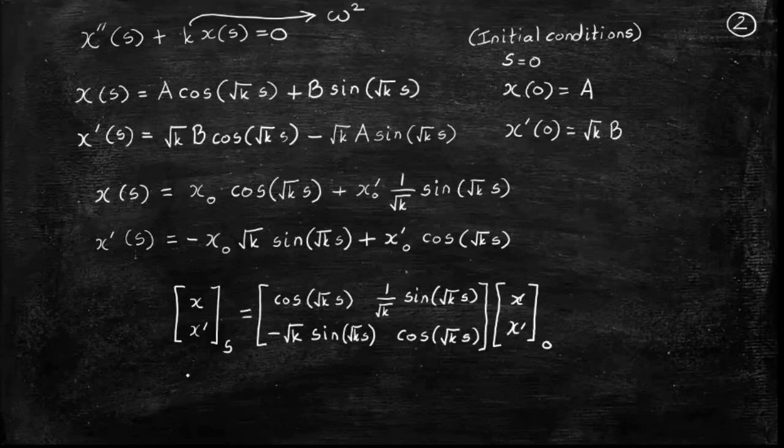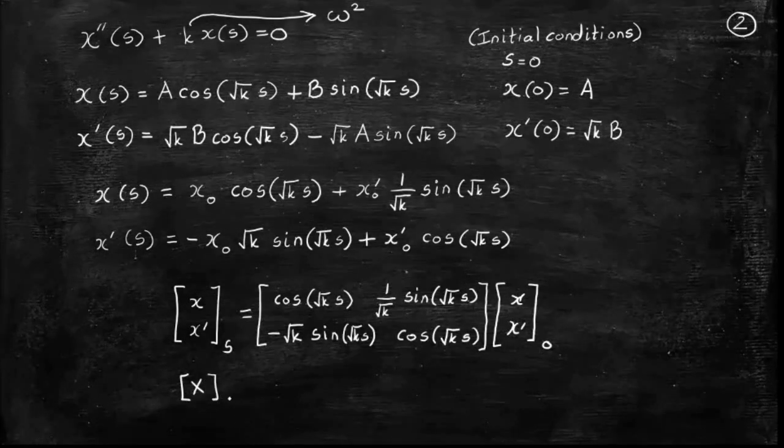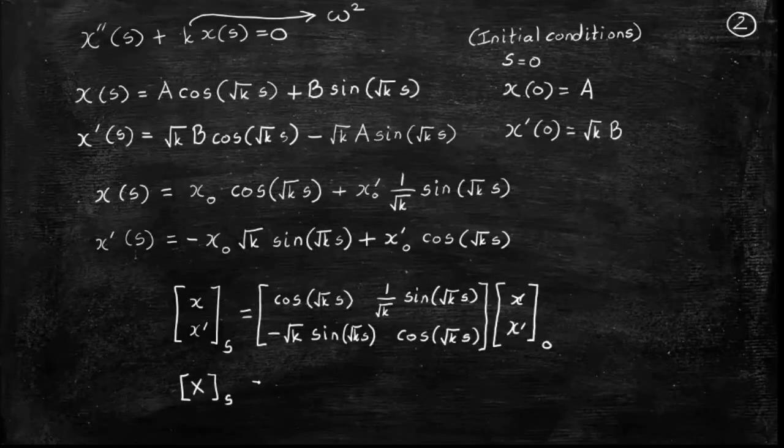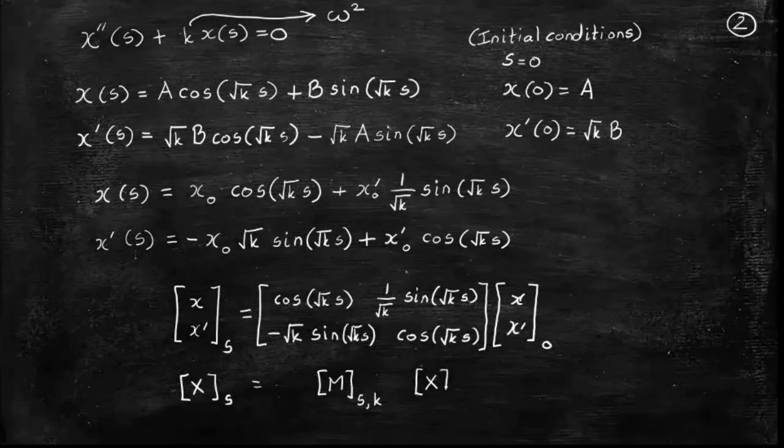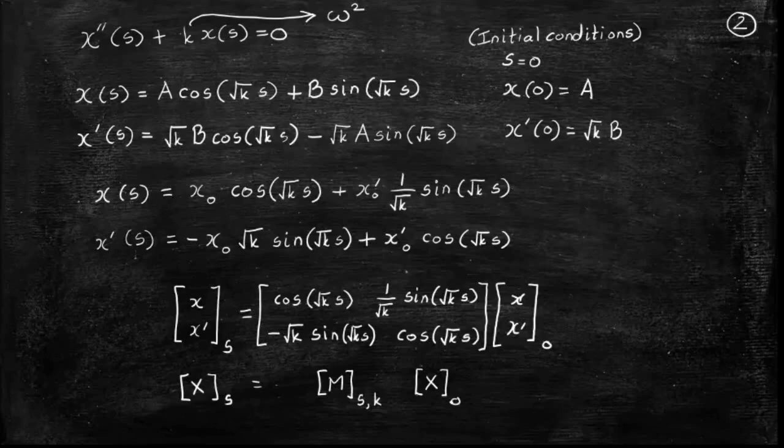Yes, sir. So you can write this symbolically as capital X, which is basically the column vector of x and x prime, is equal to a kind of response matrix, which depends on the distance traveled and the value of k in that region, operating on the initial values of x and x prime.